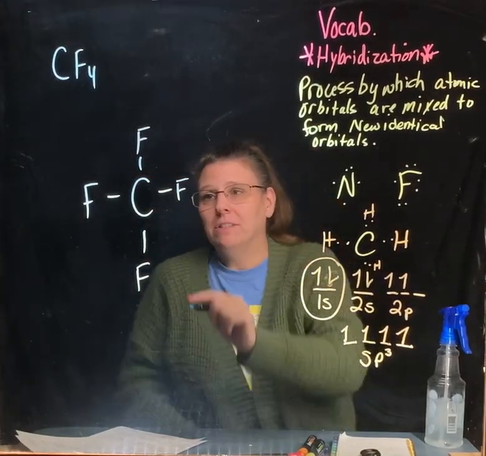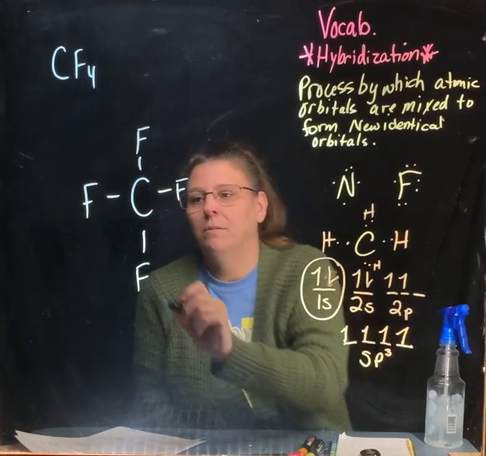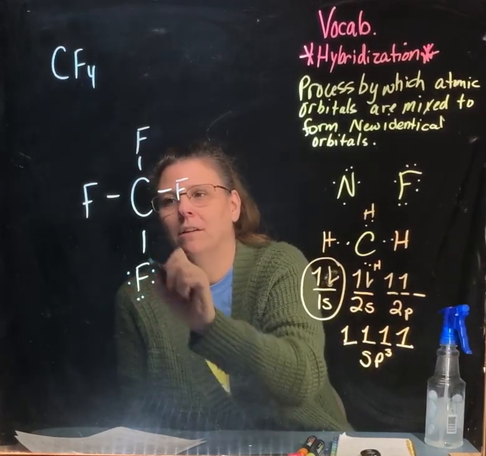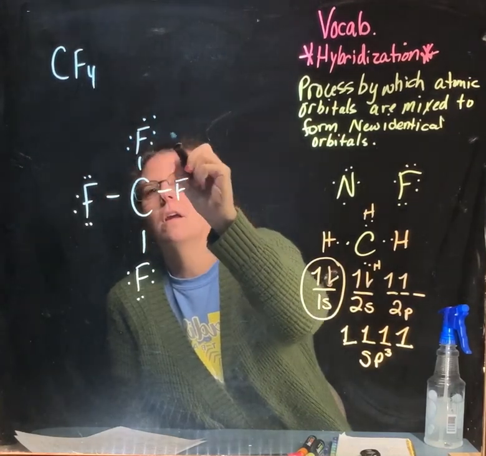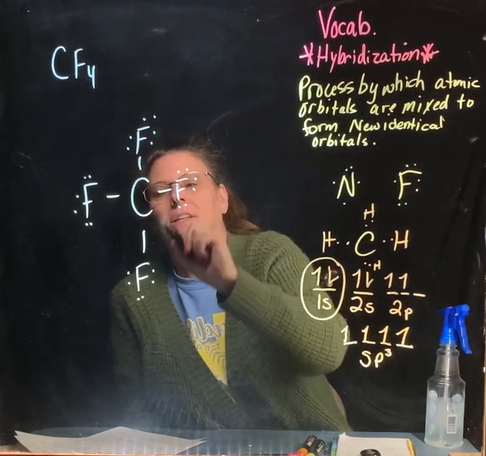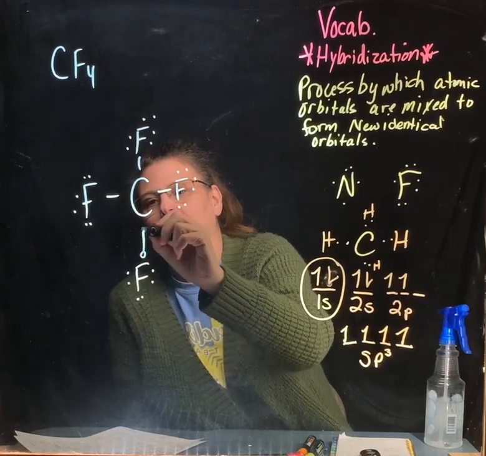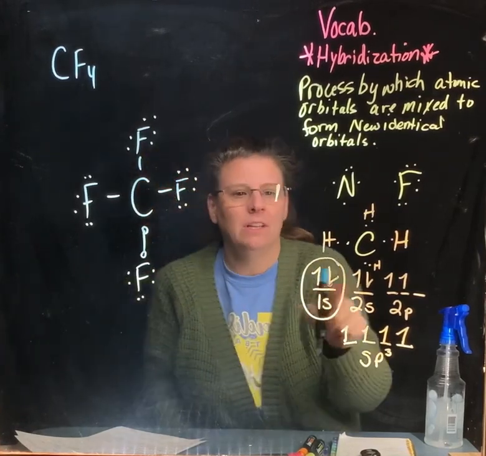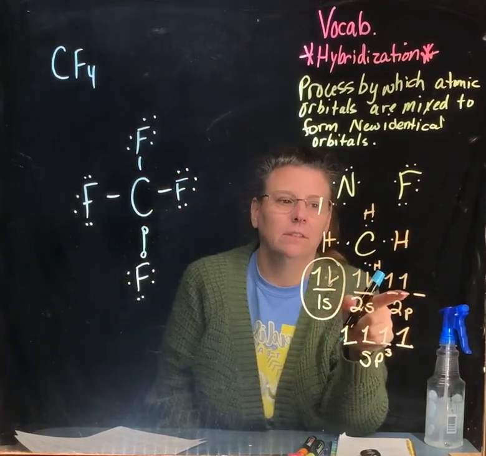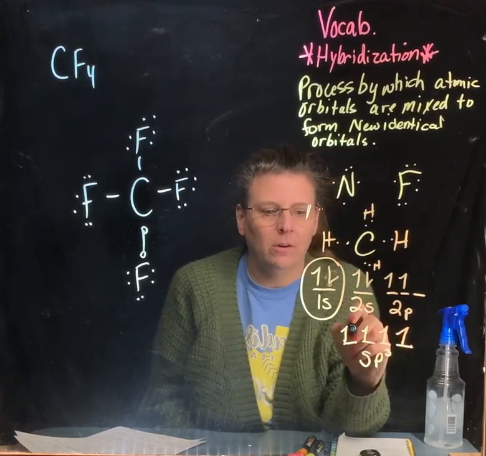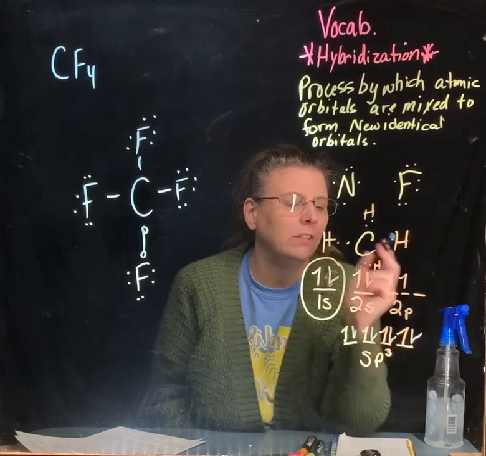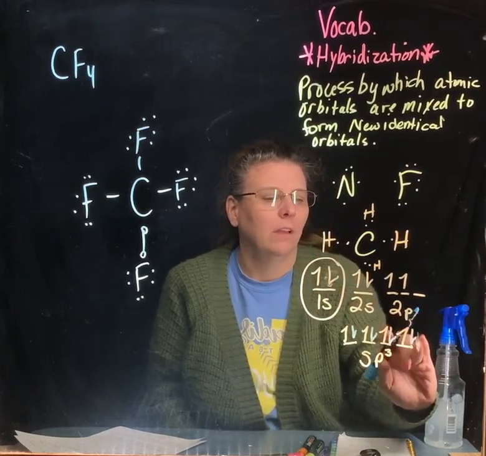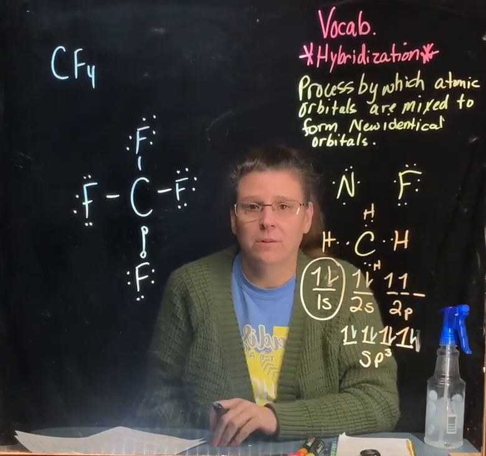Now, if we're focusing only on the carbon, we know that fluorine looks like this. Well, there's actually one here, and they're sharing. Wasn't that what's happening here? Right here, sorry. Here's fluorine's electron, fluorine's electron, fluorine's electron, fluorine's electron. So that's exactly what's going on, okay?